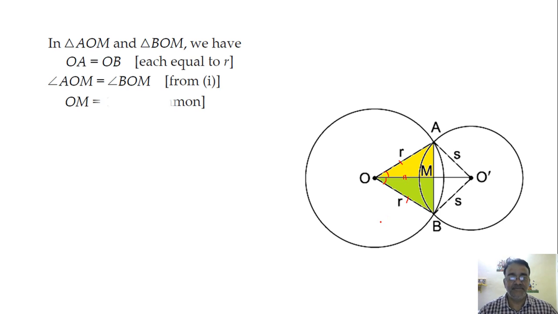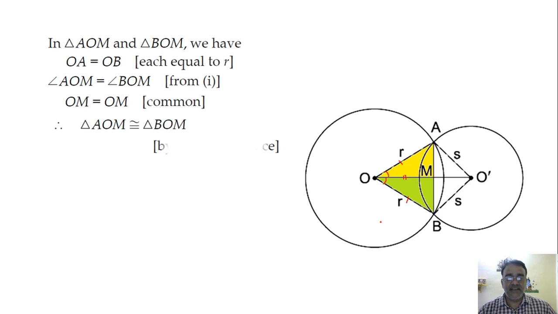So therefore these two triangles are congruent by which criteria? SAS congruence rule. Very good. So that will imply these two angles are equal, and AM is equal to BM by CPCT.